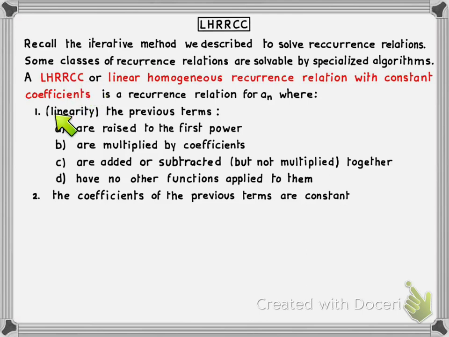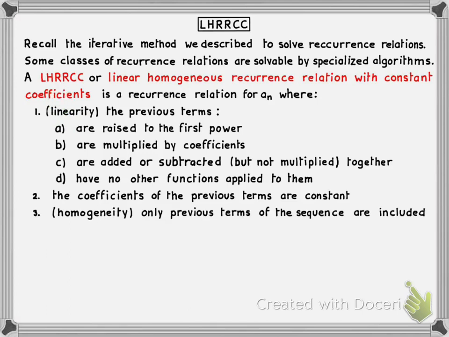And finally, we must explain the H part, the homogeneous. And this just means that only previous terms of the sequence can be included in the definition of a sub n. So a sub n cannot be a function of anything else. So this concludes the definition of a LHRRC. I'll say it one more time, a linear homogeneous recurrence relation with constant coefficients.